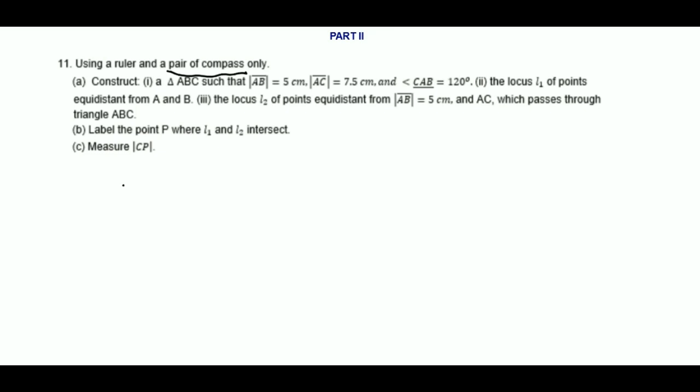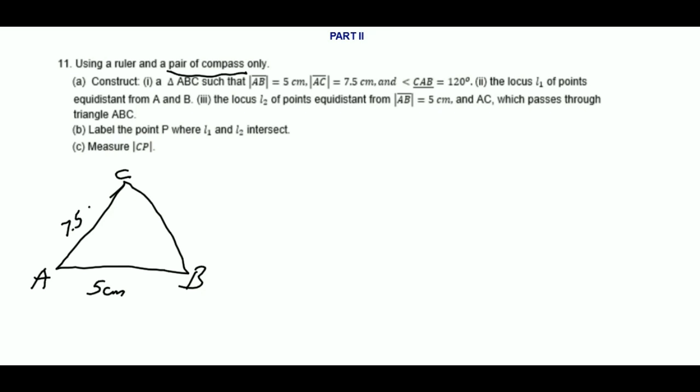I'll sketch out a triangle and label the vertices A, B, C, such that AB is 5 centimeters and AC is 7.5 centimeters, and angle CAB is 120 degrees.